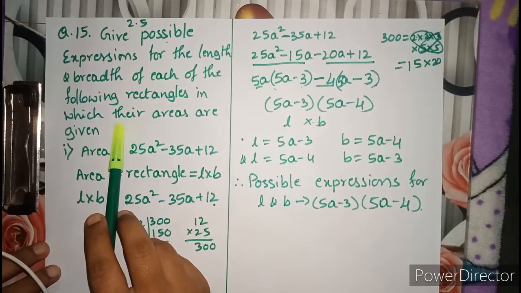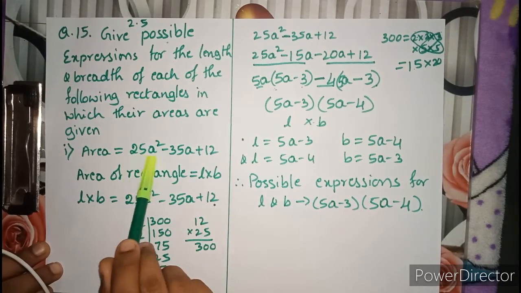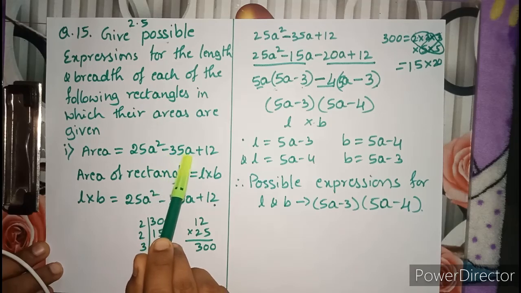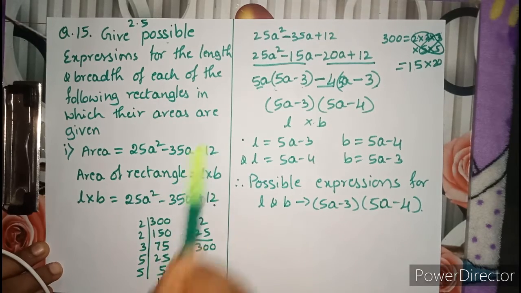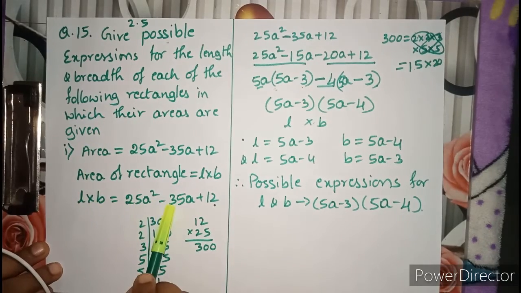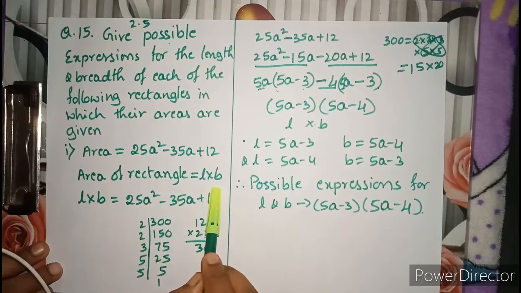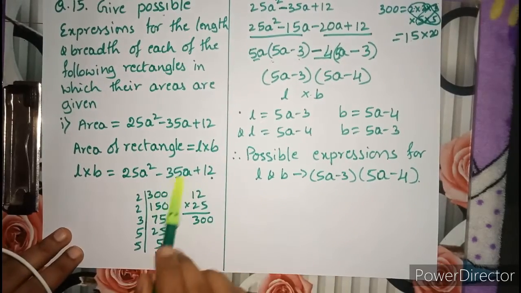I'll explain once again. Area of the rectangle is given: 25a square minus 35a plus 12. We have to find out the possible length and breadth, which means factors of this equation. So we have to factorize it.